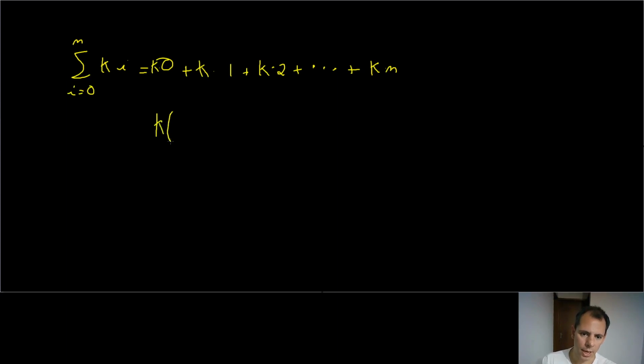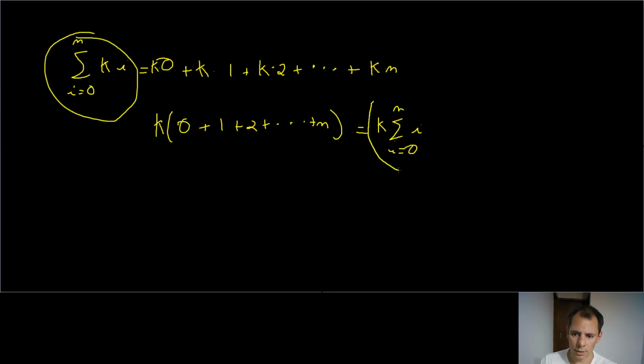Okay, we can factor k out, and then you have 0 plus 1, plus 2 plus dot dot dot, which is actually an ellipsis, plus n. So now what is this stuff in here? 0 plus 1 plus 2 plus 3, this is the same thing as k times the summation from i equal to 0 all the way to n of i. What I did was just factor out the k, so when you have a constant, it comes out, okay? And it's out right here.